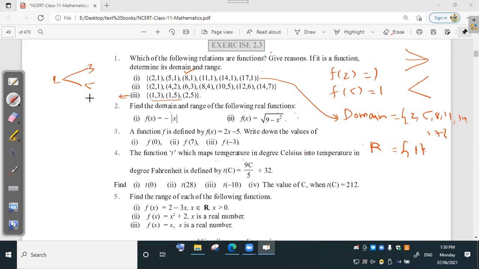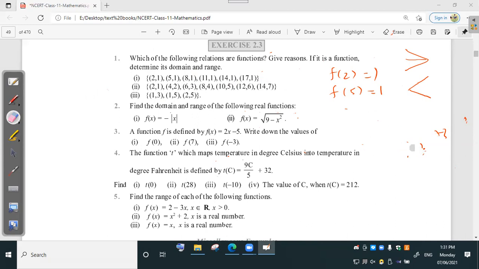So it is not a function. Okay, so it's very easy to check this type of question. These are very easy questions. Generally they do not ask this type of question, but you should know, sometimes in 1 mark they can ask this type of question also.